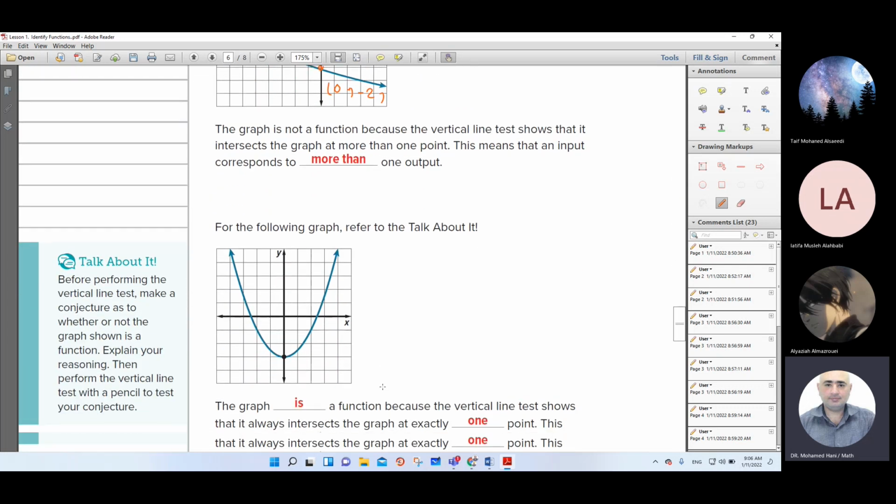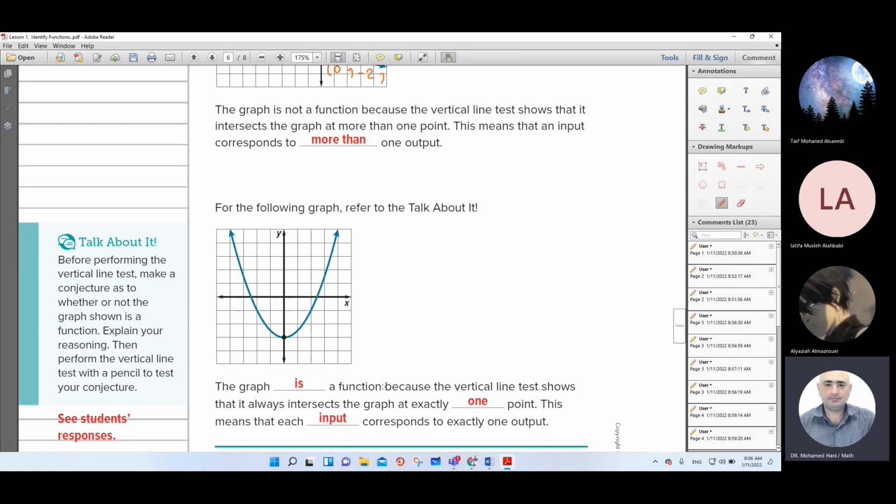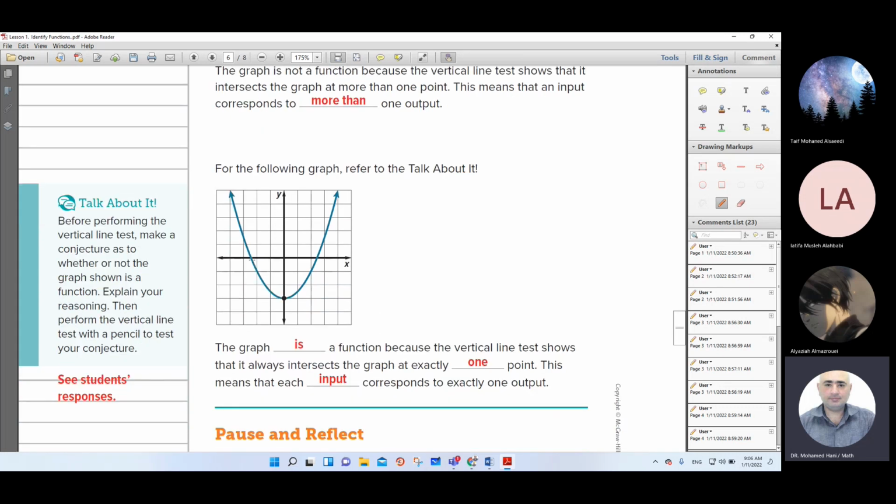For the following graph, refer to the talk about the type. And here we have this point, this point, and this point. What is the location of this point? Here we have 2.5 in x and 0 in y.